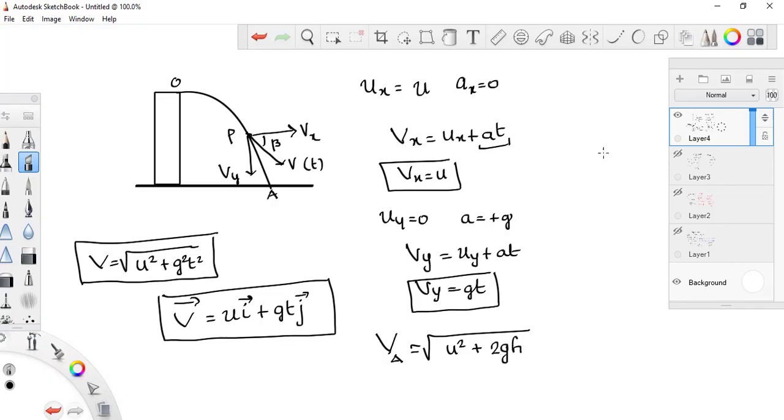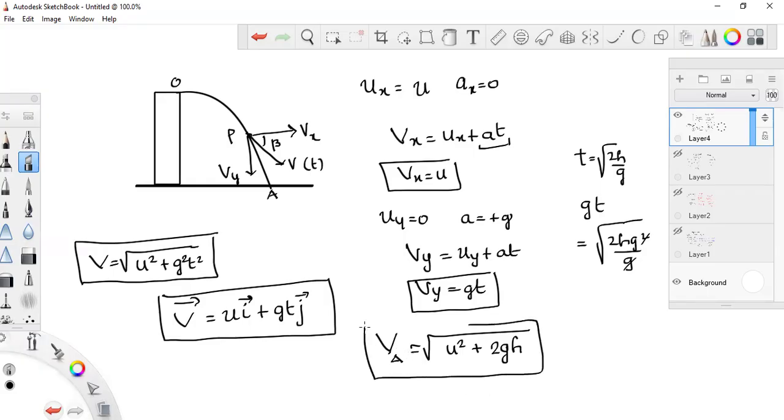Since you know that t is equal to root of 2h by g, we need to find gt, that is equal to root of 2h g square by g, where the g gets cancelled. So you get the value 2gh. So this is the expression that gives you the velocity with which the projectile hits the ground. So this is about your horizontal projection.